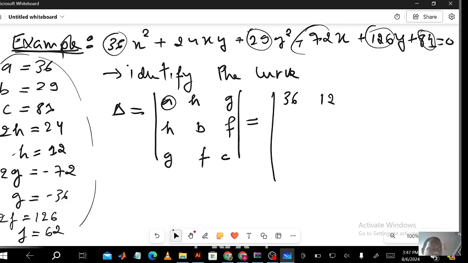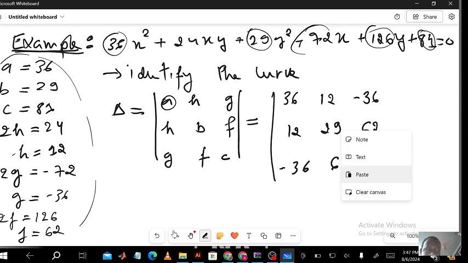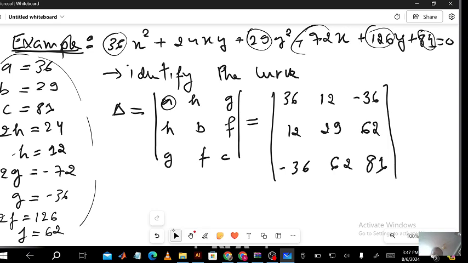Then minus 36, and then 12 here. Then B is 29 and F is 62. I will have the value of G, which is equal to minus 36, the value of F, which is equal to 62, and the value of C, which is equal to 81.